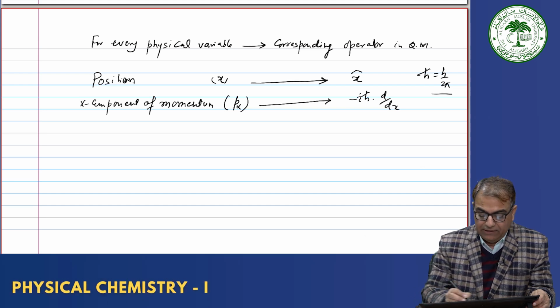In order to set up an operator for a particular physical variable, you need to represent that physical variable in terms of coordinates and momentum.